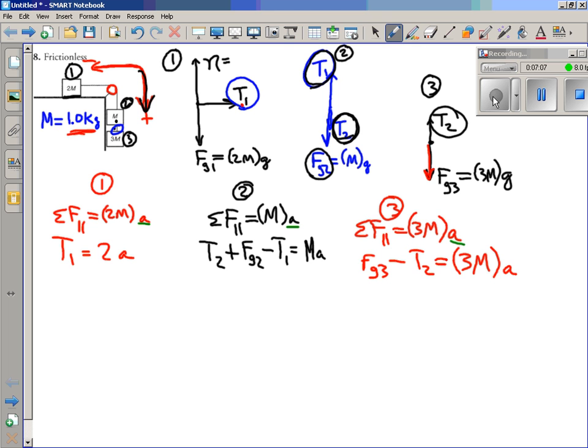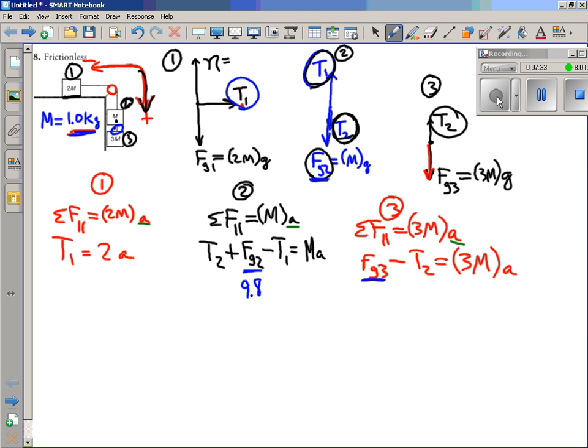Well, let's fill in some other numbers regarding what we know here. I can calculate both the force of gravity on object 2 and the force of gravity on object 3. The force of gravity on object 2 is equal to m, which is 1 kilogram, times g, which is 9.8. That equals 9.8 newtons.